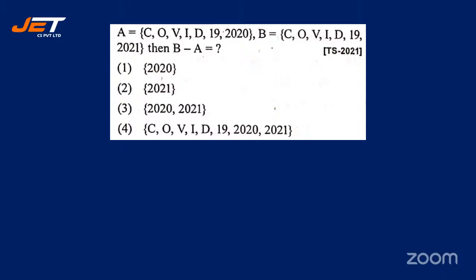B minus A, right? So it should be in B, but not in A. So there is only one, 2021, which is there in B but not in A, because other things like C, O, V, I, D, 19, everything, all these things are already there.